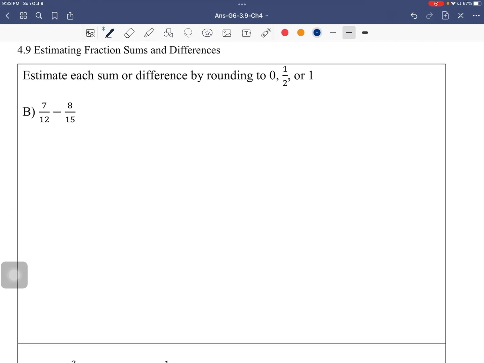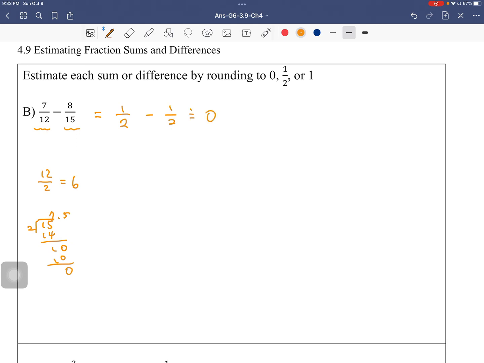Now I want to estimate each sum or difference, so I round each of these. For 7 over 12, 12 divided by 2 is 6, and 7 is larger than 6, so I would say this is around 1 over 2. For 8 over 15, 15 divided by 2 is 7.5, so 8 over 15 is also a half.